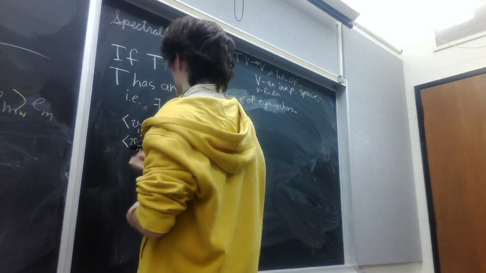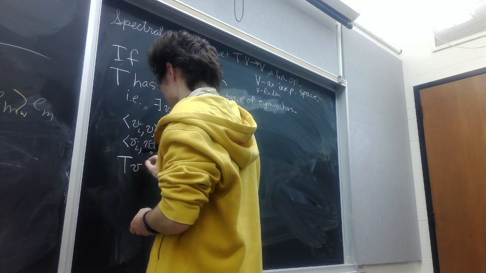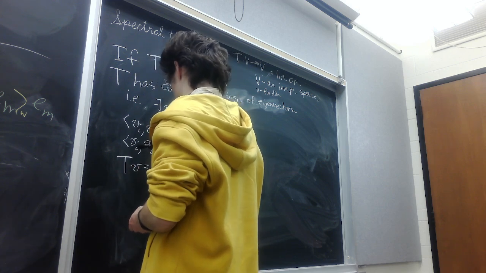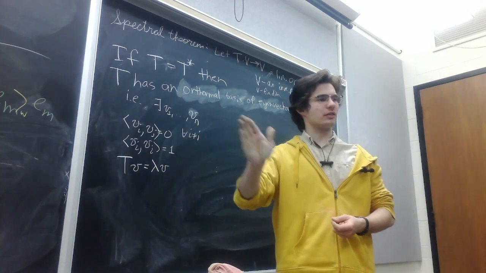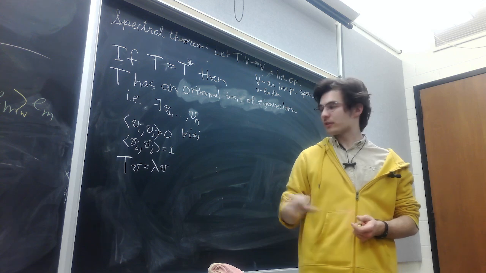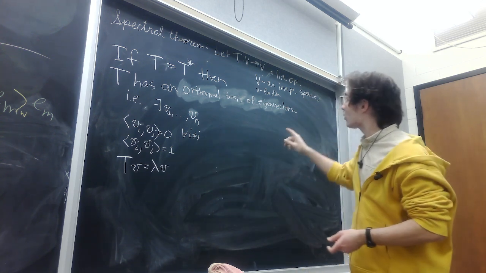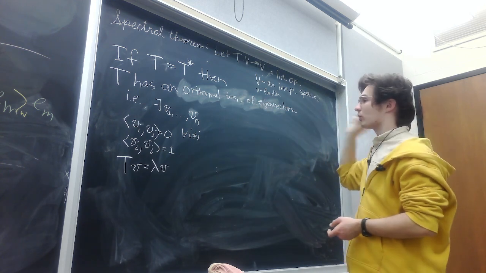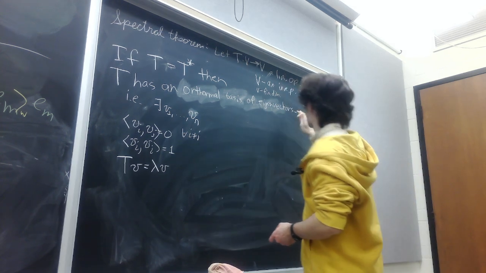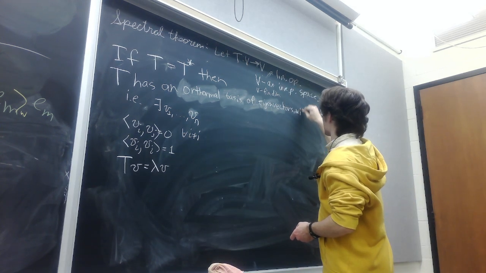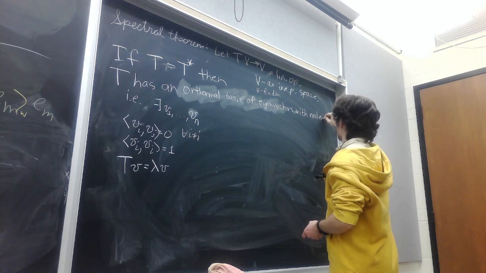And an eigenvector means that Tv is equal to lambda v. So applying T to the vector just scales it. So this is what it means to be an eigenvector. Moreover, not only is it an orthonormal basis of eigenvectors, they are eigenvectors with real eigenvalues.